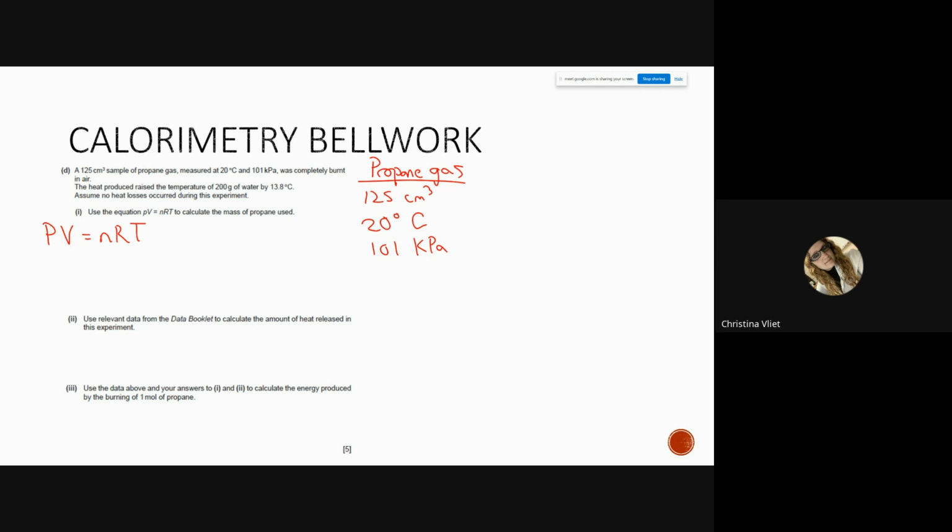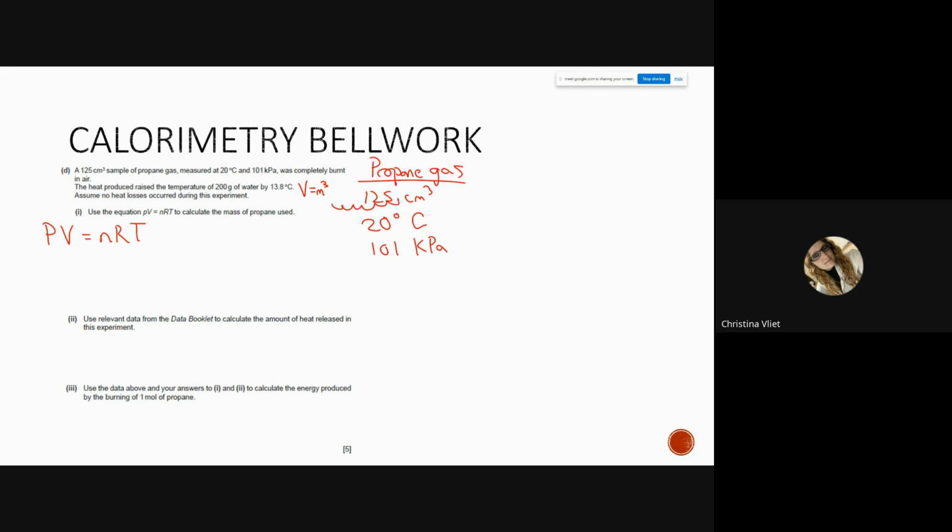What is that unit? Volume. Is it in the correct unit? No, for PV equals nRT, volume has to be in meters cubed. So close, no matter how far, 6 units to the left.